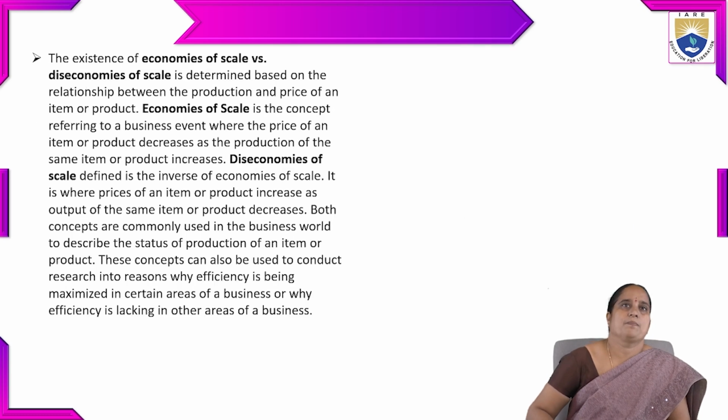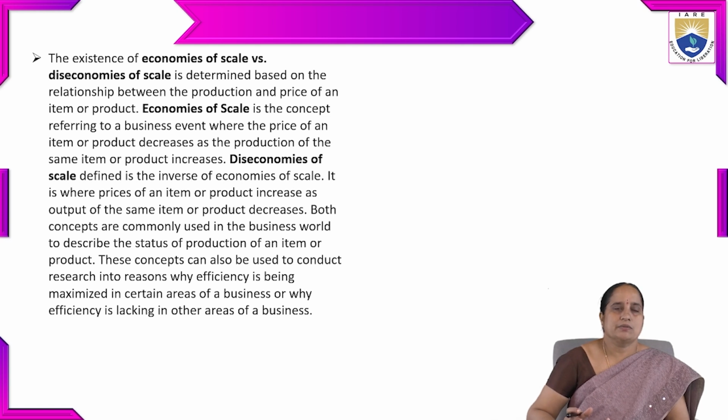Coming to the existence of economies of scale versus diseconomies of scale, which is determined on the basis of the relationship between production and price of an item or product.